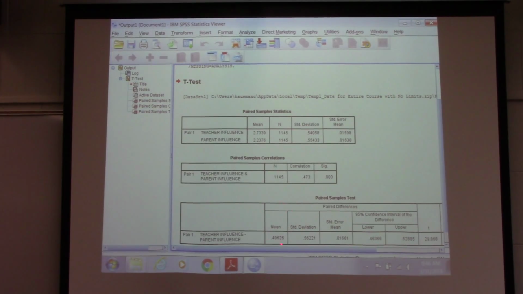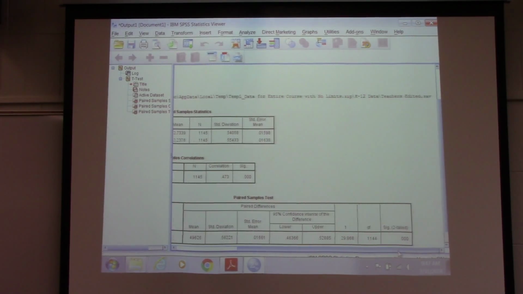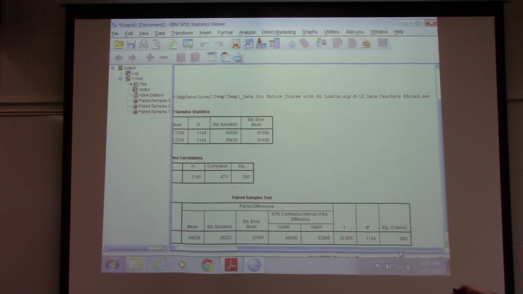I go down here and I say, paired sample t-test, what's that mean difference? 2.7339 minus 2.2376 gives me a mean difference of 0.49626. So I can scroll across and I see a t-value. That mean difference is associated with a t-value of 29.868.